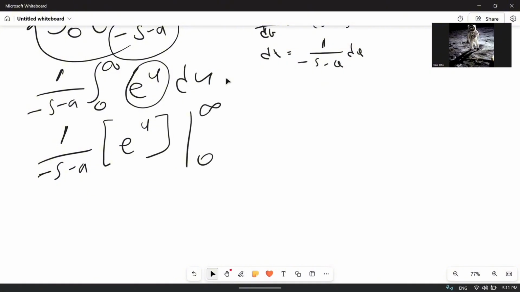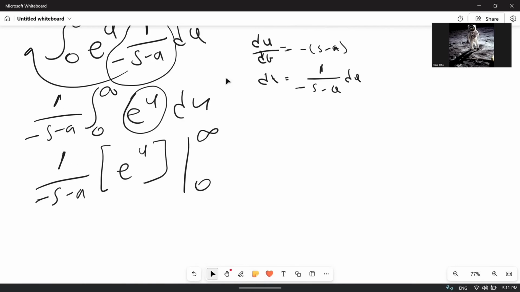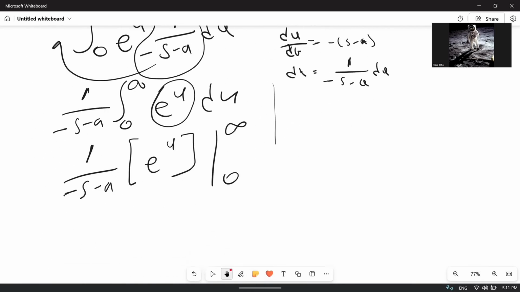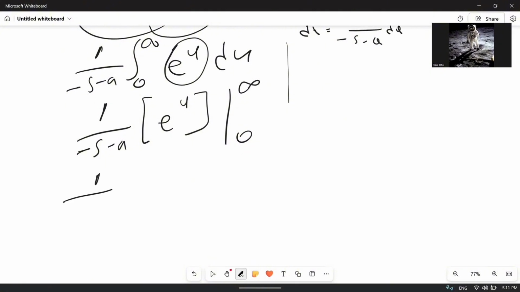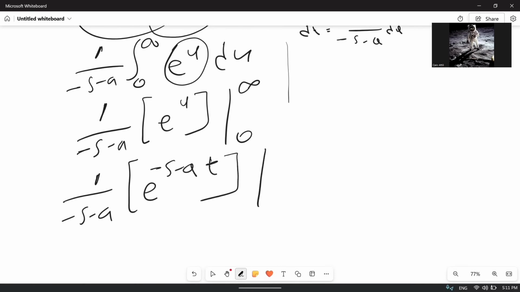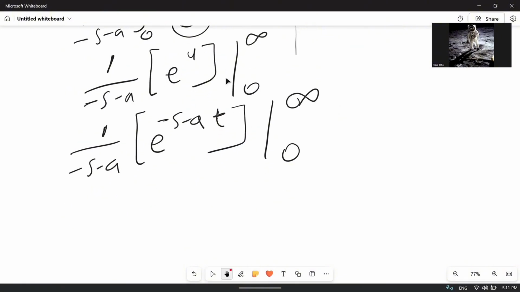Okay, now we plug in the values that we had. We solved for the u substitution, but now we plug in the values again because we already integrated. So it's going to be 1 over s minus a, e to the minus (s minus a)t. Okay, what are we doing here?